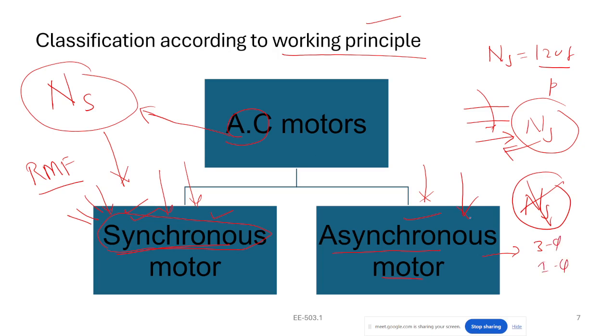In asynchronous motors we have the slip ring induction motor and the squirrel cage induction motor. These come under asynchronous. In the case of single phase induction motors, take a bore well: the bore well has a capacitor start capacitor run motor. A table fan or a ceiling fan is one of the best examples for asynchronous.